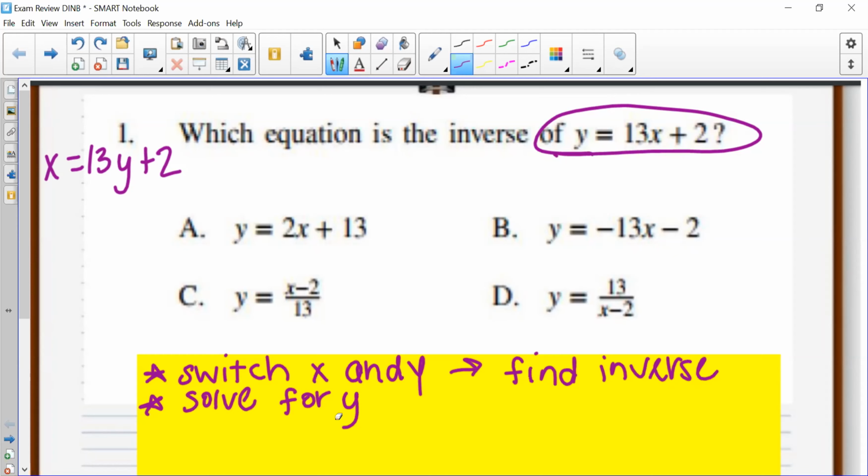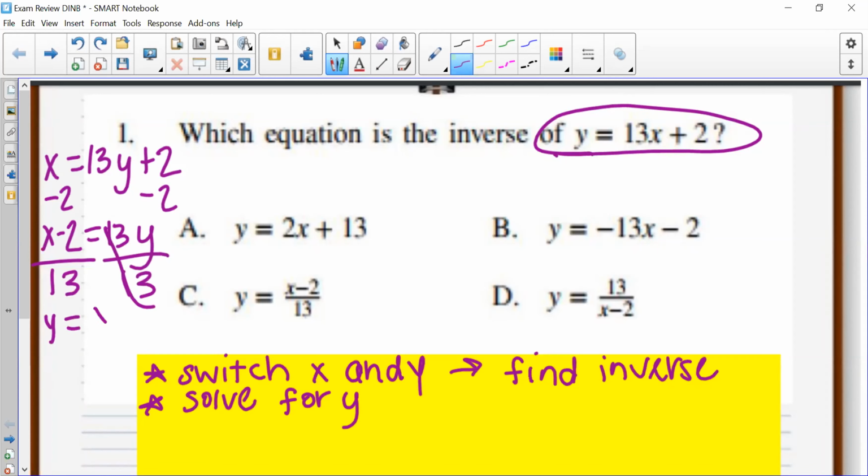So we'll subtract 2. x minus 2 is equal to 13y. And then to get y by itself, we will divide. So the 13's cancel, and y is equal to x minus 2, all divided by 13, which is answer choice C.